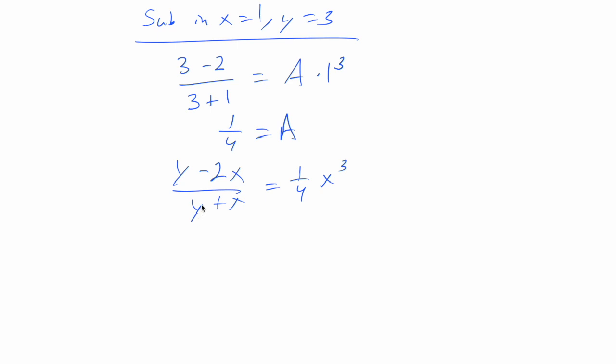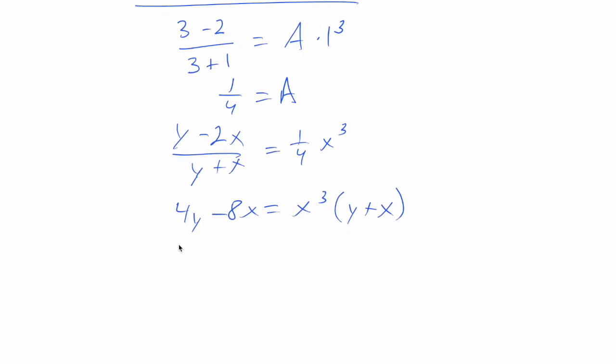So we want to solve for y, so we multiply both sides by y plus x, and also multiply by 4 to get rid of that. So we have 4y minus 8x equals x cubed times (y plus x). So we're going to have 4y minus 8x equals x cubed y plus x to the power of 4.